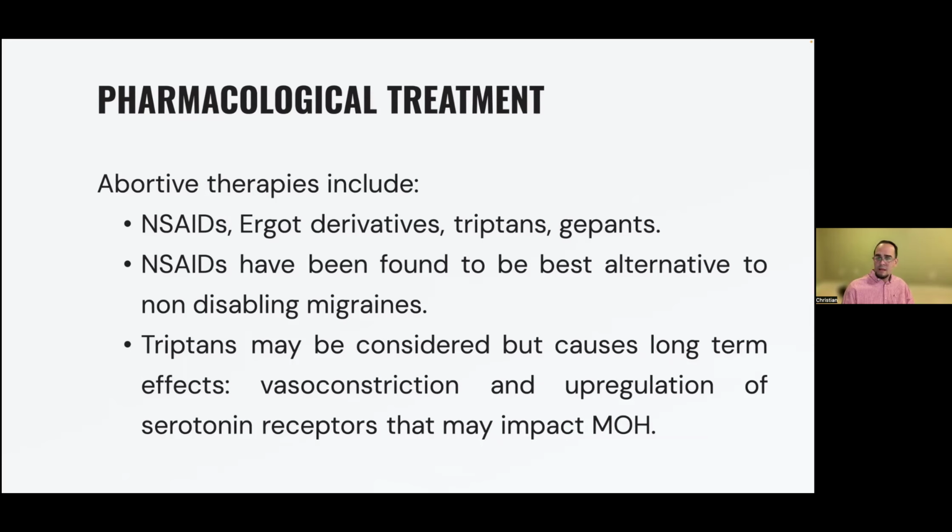And then Gepants, newer medications that work on calcitonin gene-related peptides, may be really helpful for patients who get bouts of headaches or headaches similar to cluster headaches. So those will be abortive types of therapies.